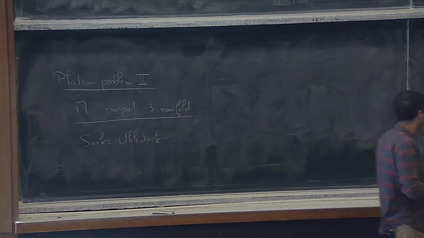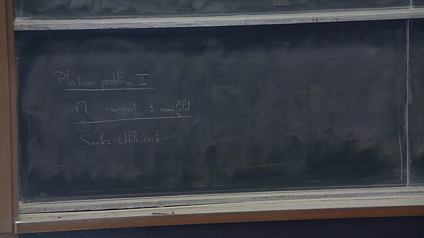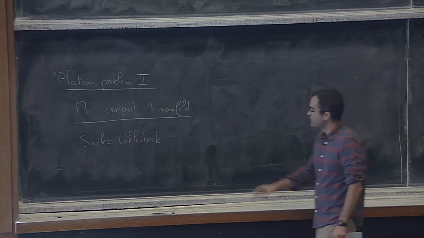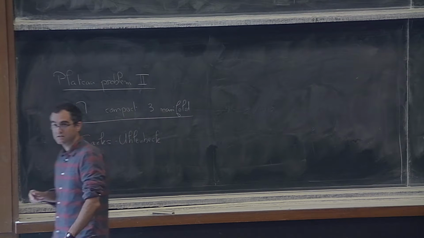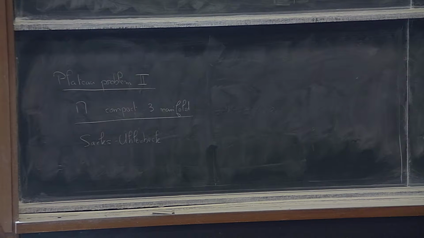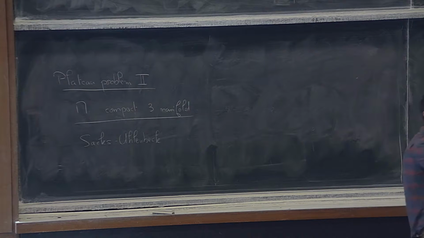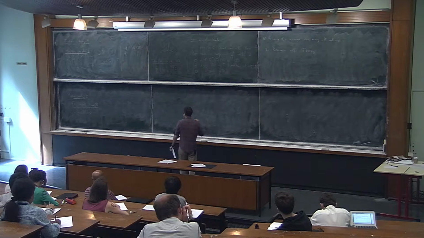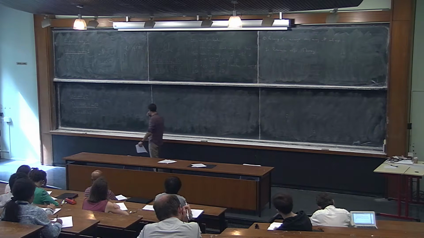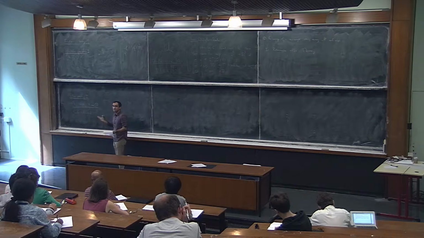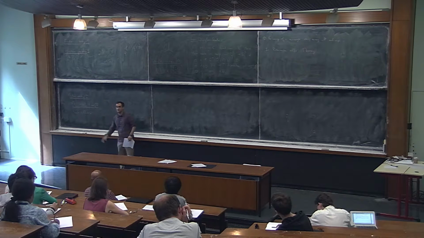What they do is assume that the pi 2 of M is non-trivial. So take a non-trivial sphere inside this 3-manifold and do the minimization in the homotopy class of this sphere. They prove that you can do this, and at the end you find minimal spheres that realize the minimum. I don't want to enter into the details of the result, but you can do this.